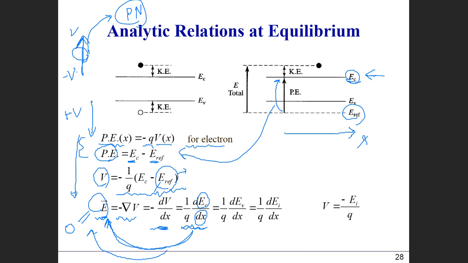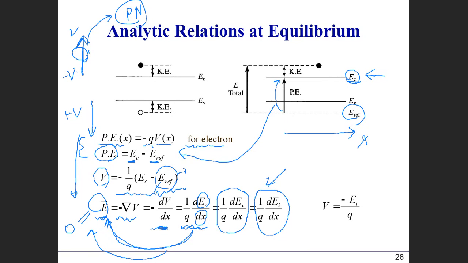Instead of EC, we can also choose the valence band, and we get this kind of relationship. If we choose the intrinsic energy level, then we get this relationship. So EC, EV, and EI are all following together, right? That is the concept we can get from this equation.